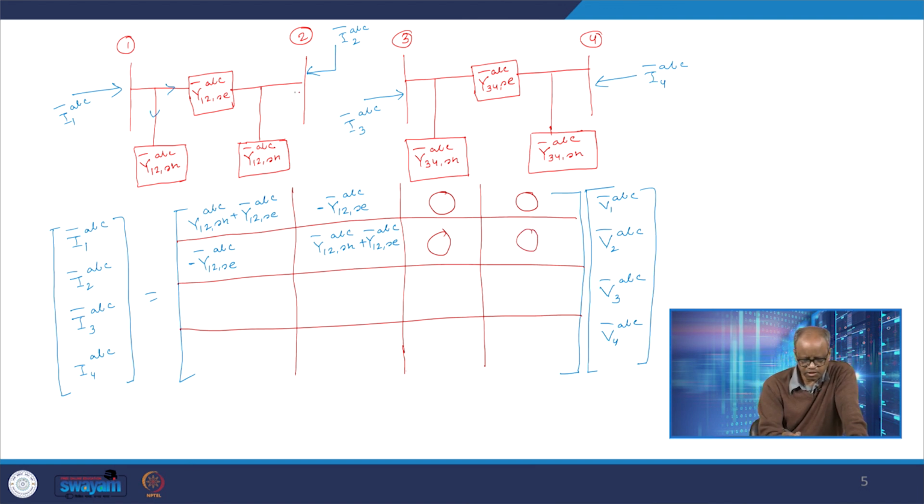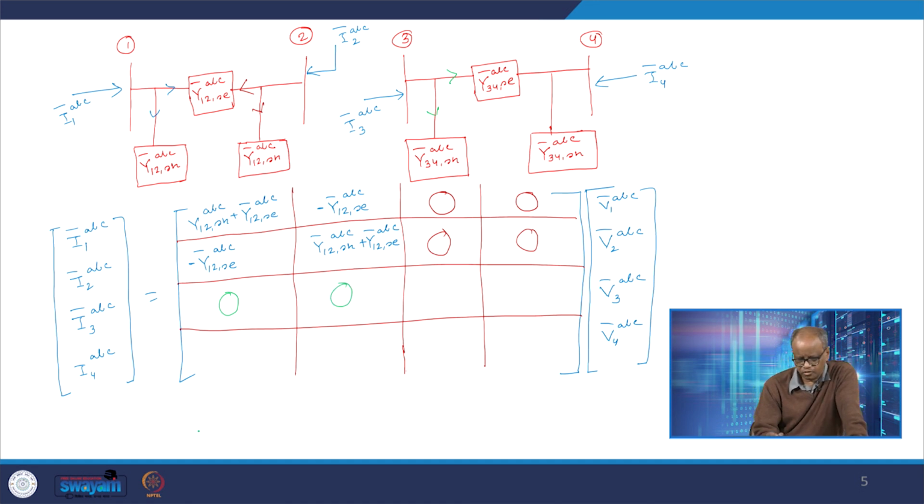For bus 3, we know that this current would be this plus this, so obviously it has no connection from bus 1 and 2, so it would be 0 and 0.